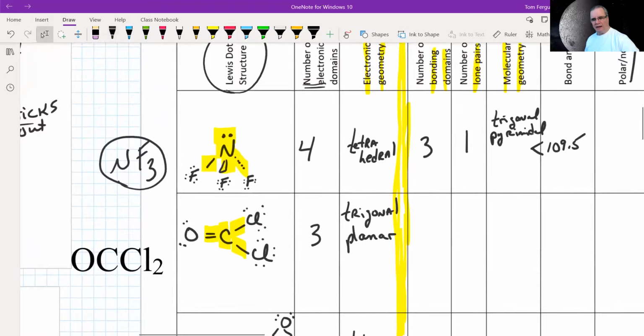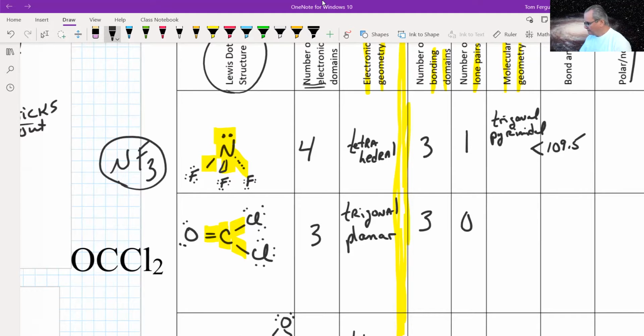Now the number of bonding domains is going to be 3. The number of lone pairs that are not bonding is 0. That means this is going to be trigonal planar and with a bond angle of 120.